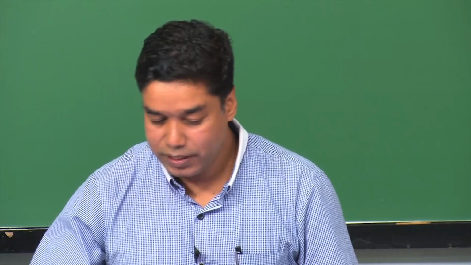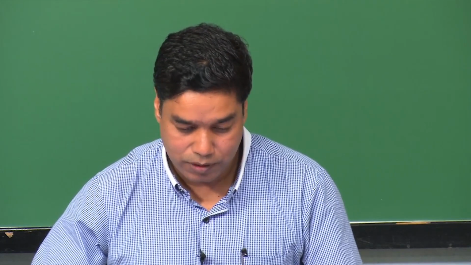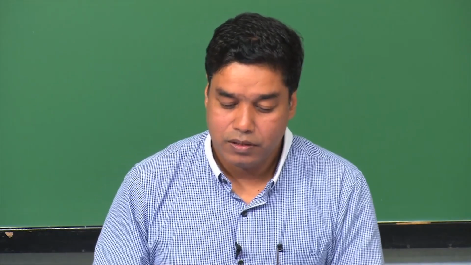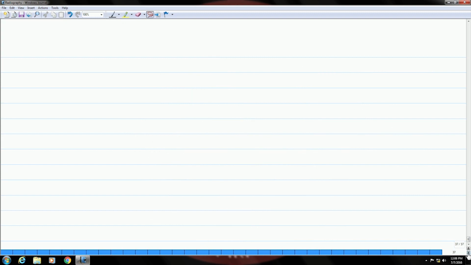If you want to magnify the image, in this case, when you have a finite spot size, then when you magnify the image, it means the distance between the film and the object also increases. So, for a finite source, we have already seen how the image is formed.